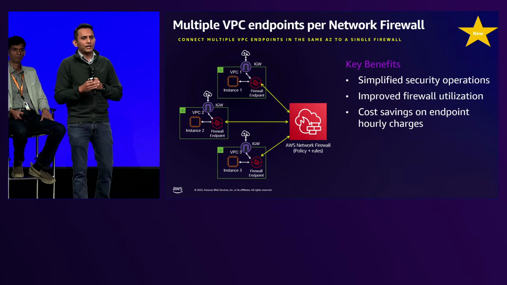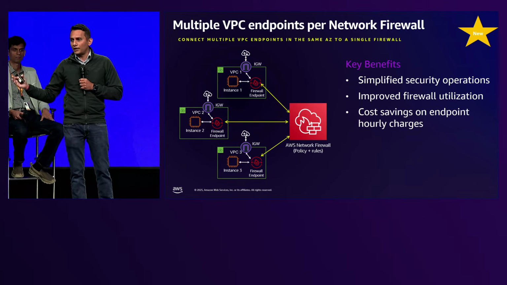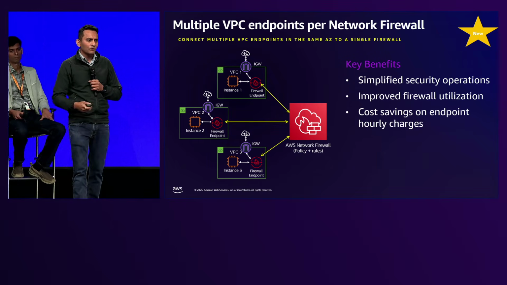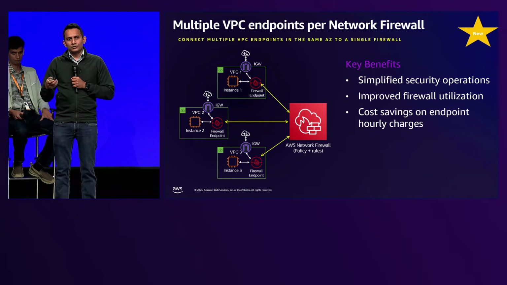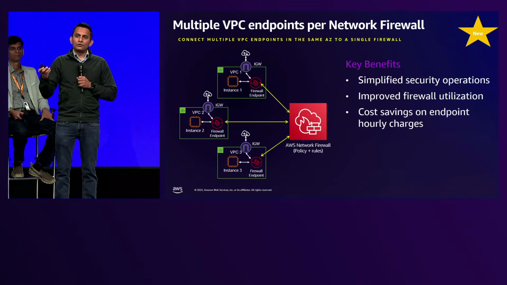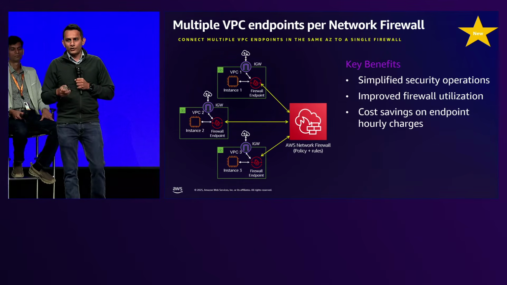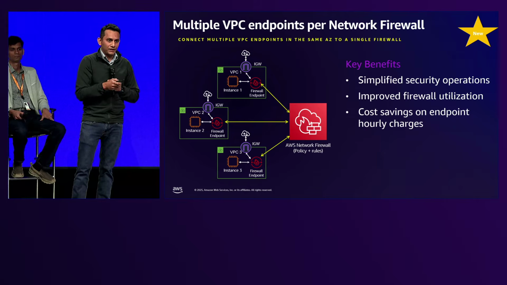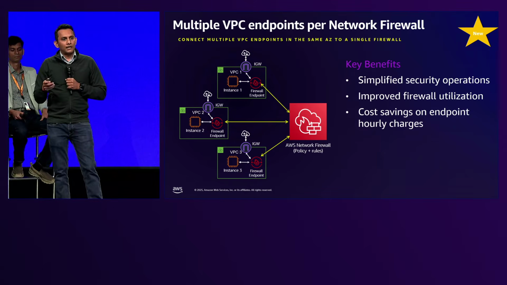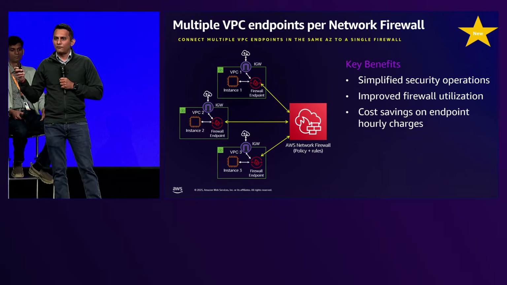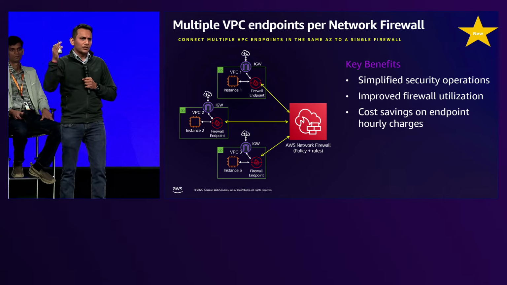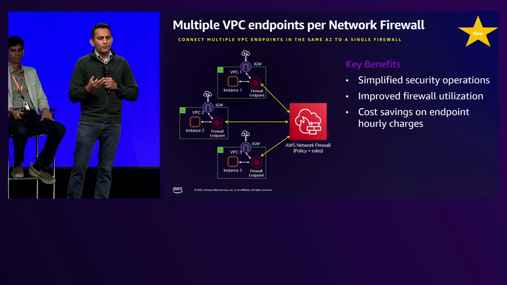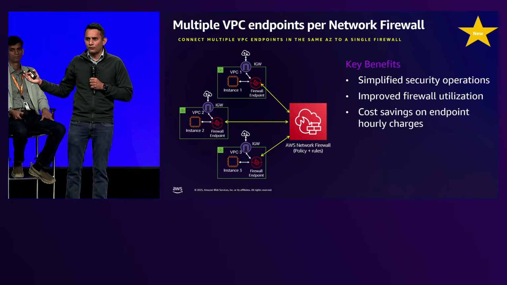These VPCs can be in the same account or in different accounts but in the same availability zone. By doing this, we are bringing down the cost of firewall endpoints because now the secondary endpoints that are sitting in the VPCs are at much lower cost than your actual firewall endpoint. So this brings down the cost and also the complexity of managing rules across all firewalls.